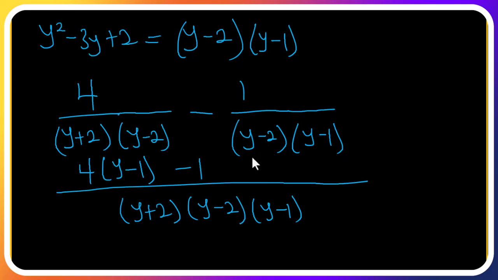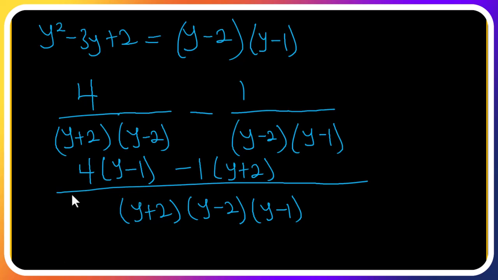We have y minus 2, y minus 1. So what we don't have over here is y plus 2, and it multiplies the numerator for the second fraction. So minus 1 multiplying y plus 2.